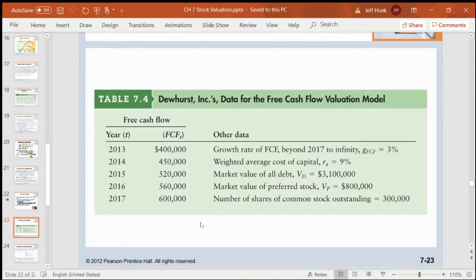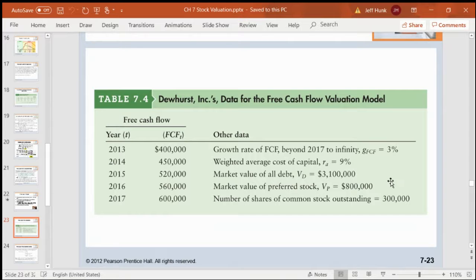You will apply 3% to this, and then that will be the 2018, right? And so on, right? And they gave you weighted average cost of capital as 9%. It's already given, so makes it easy.